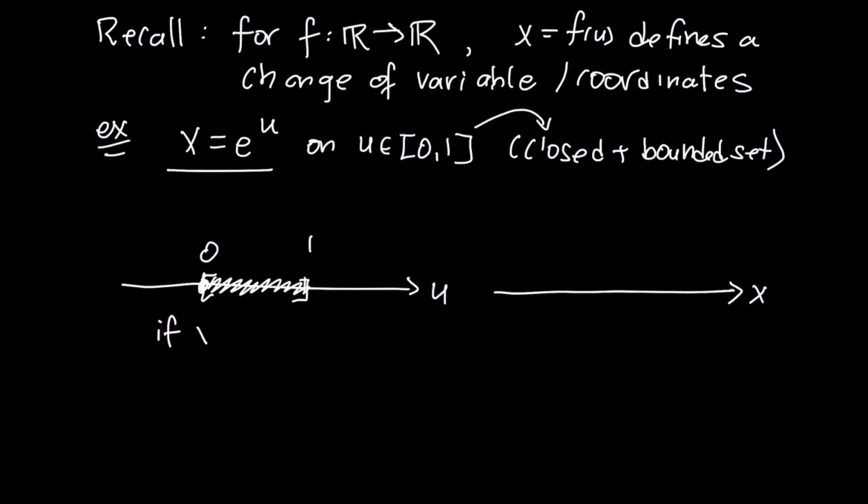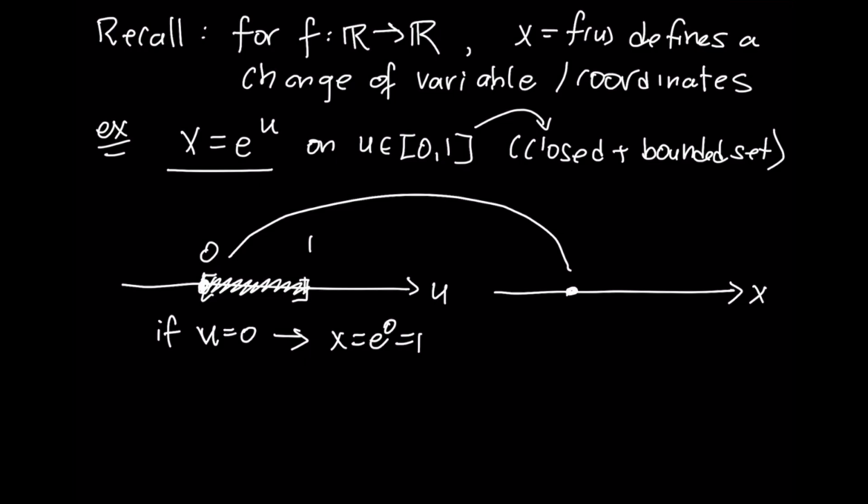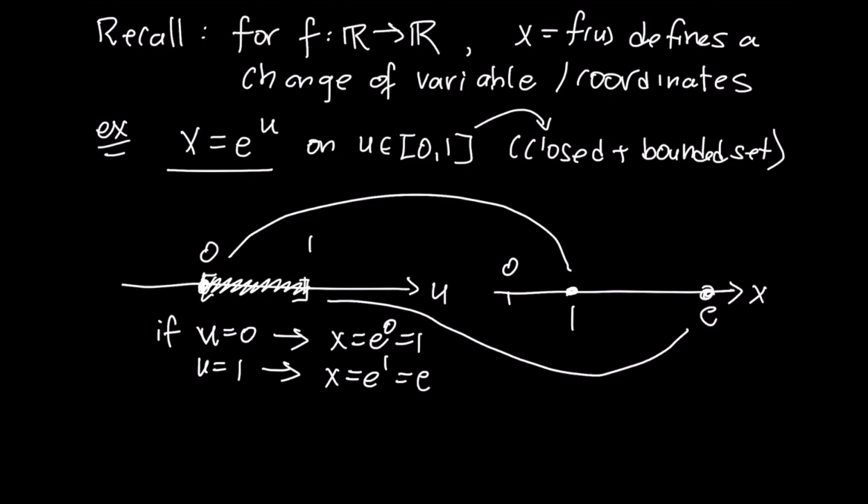If u is equal to 0, that means x will be e to the 0, which is 1. So this one endpoint will get mapped to this value here of 1. And if u is equal to 1, that means x is e to the 1, which is e. This other endpoint gets mapped to this value e. If we were to take every single point in that first interval, we could map it to every single point in that second interval.